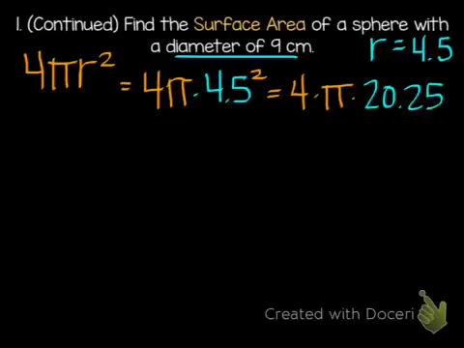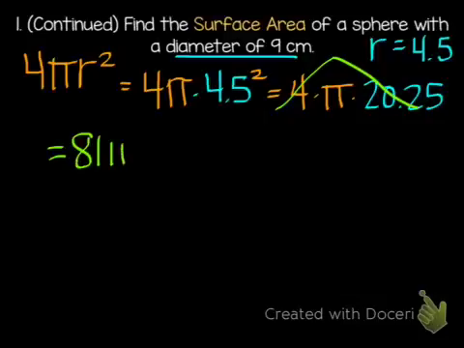The next thing we need to simplify is 4 times 20.25. This actually comes out to a nice even 81, and we still have it times pi. So now we're going to use the calculator to do times pi.